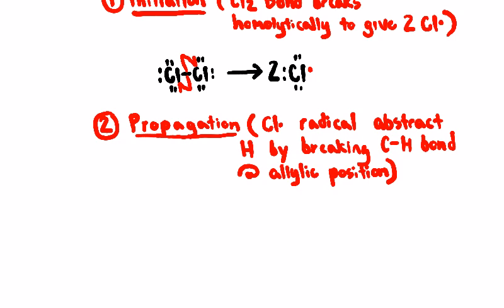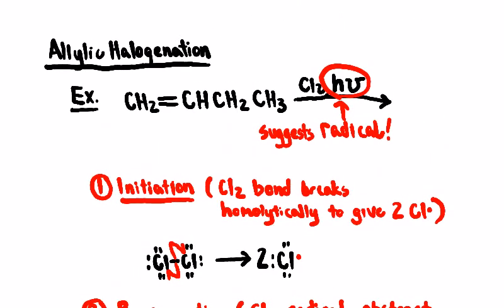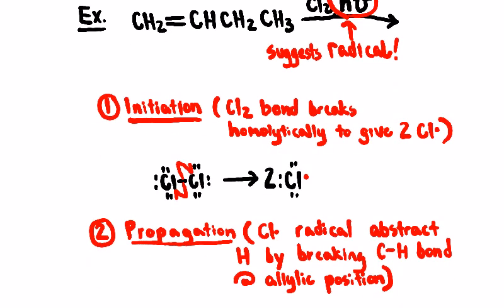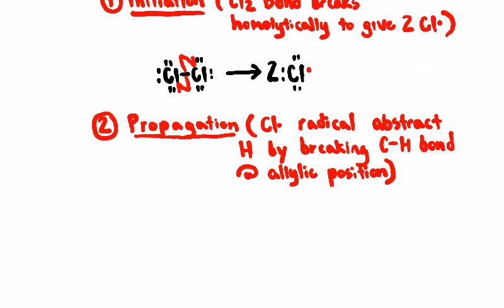So looking back at our starting material, we started with 1-butene. So we're going to go ahead and copy that down here, our 1-butene molecule. And we're going to show breaking away a carbon-hydrogen bond at the allylic position.